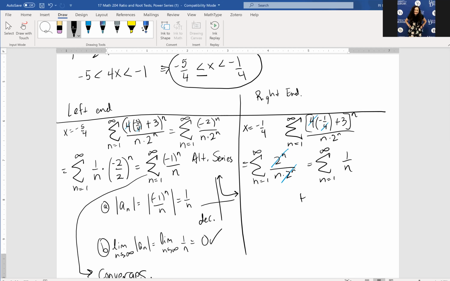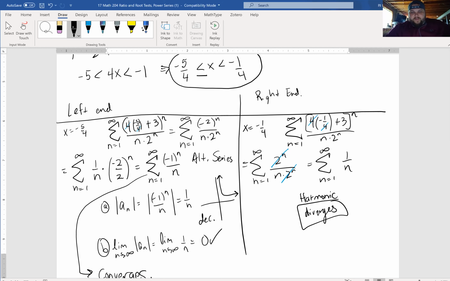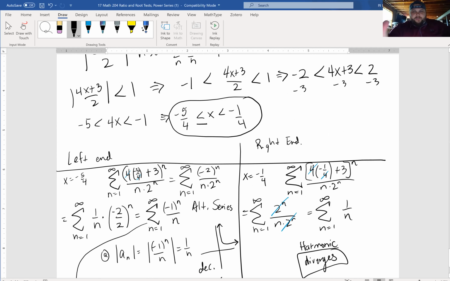Yep, it's the harmonic series. And remember, I told you if you see a harmonic series, all you have to do is say harmonic, therefore diverges. So if it diverges, that means it is not equal to. So the very last thing you should do is write it in interval notation.